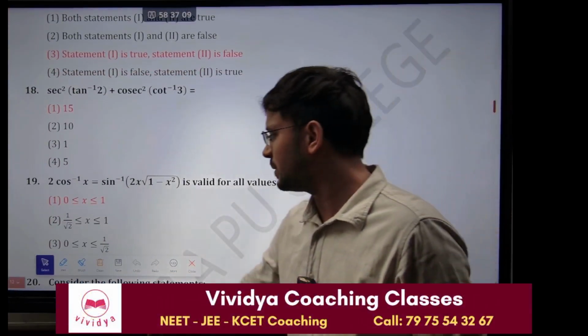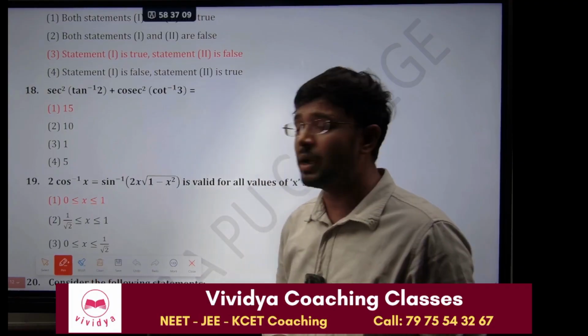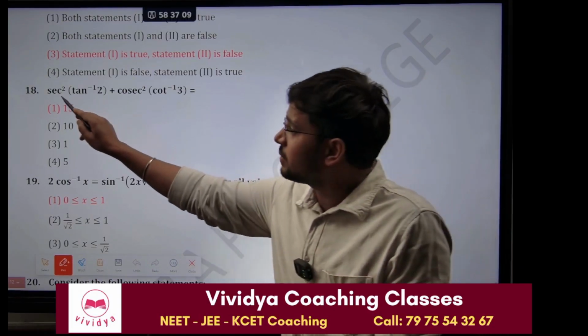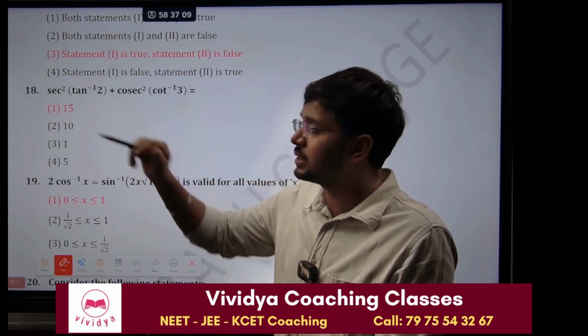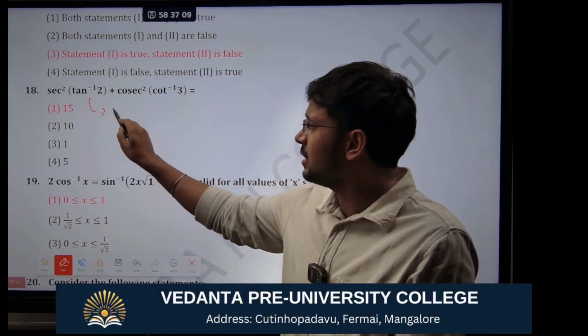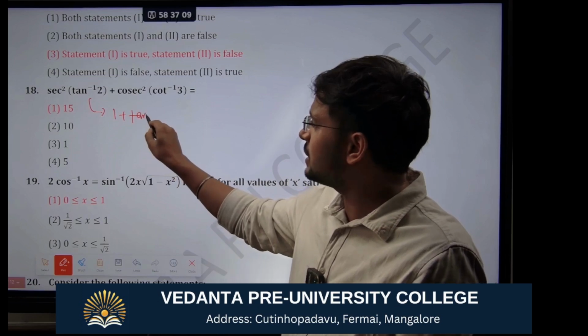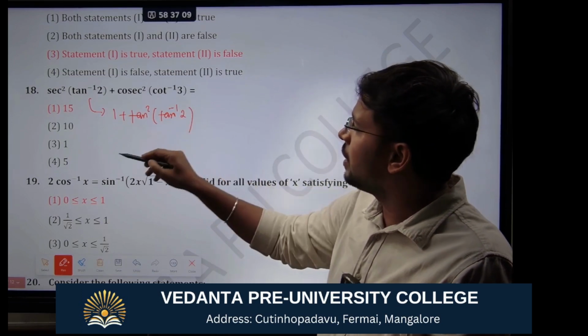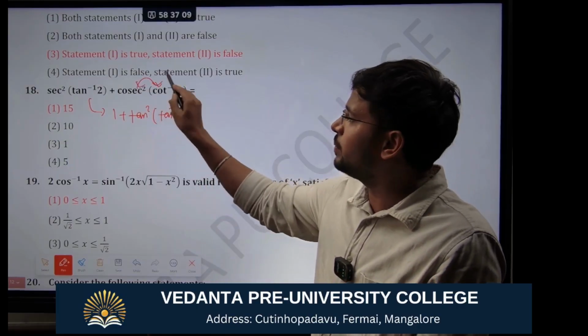Now again, a very basic question. I know tan of tan inverse 2 can be written as 2, but this is given sec. So I can write 1 plus tan square theta is sec square theta. Again, these two are different. We have to make them the same.